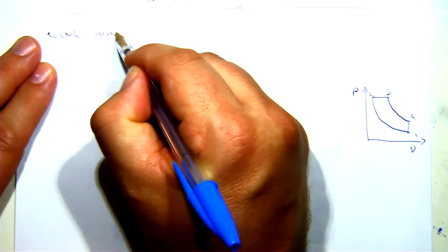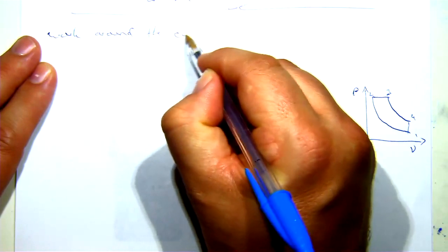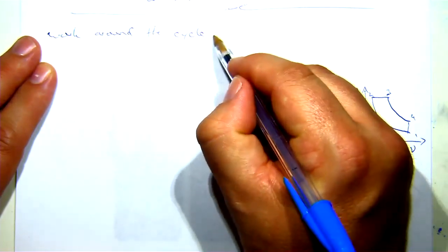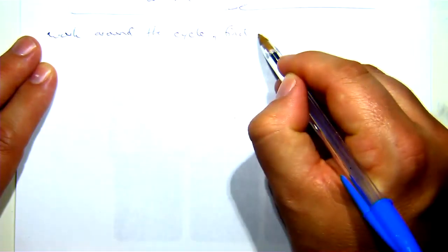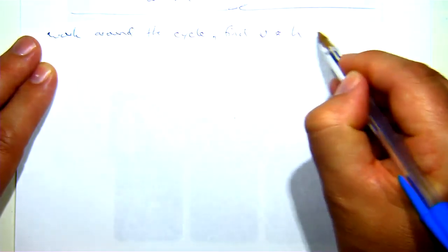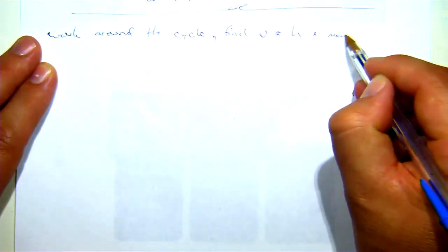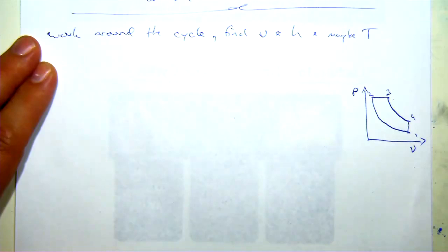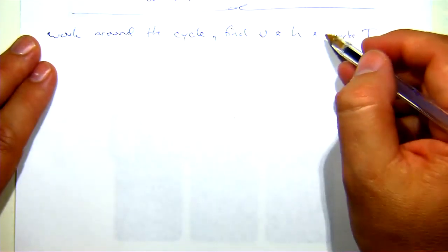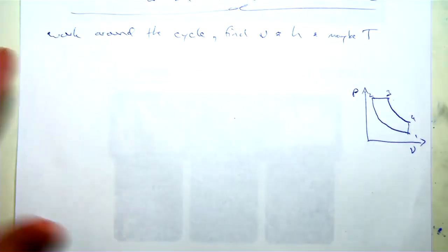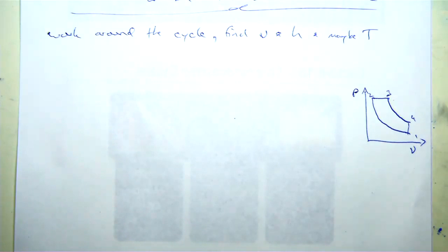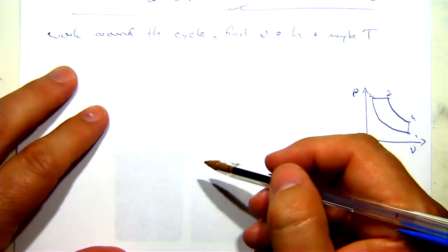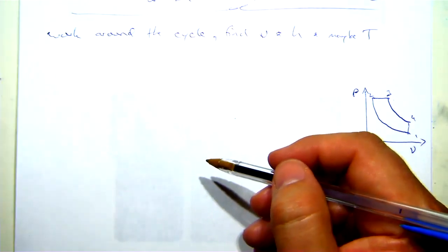Work around the cycle, finding U and H and maybe T. Okay, so once again we've got an adiabatic isentropic compression process as our first one.